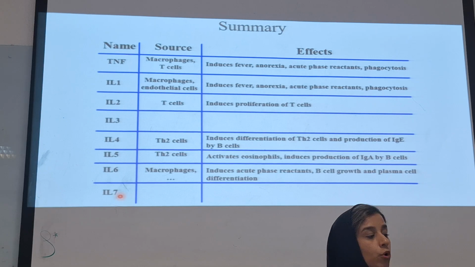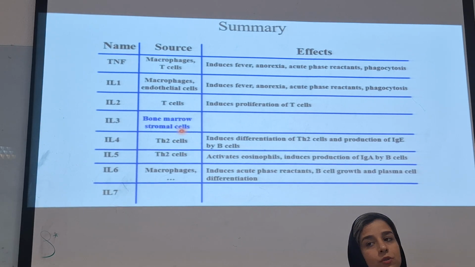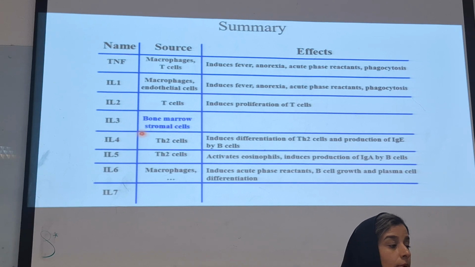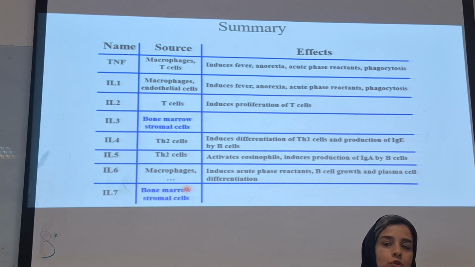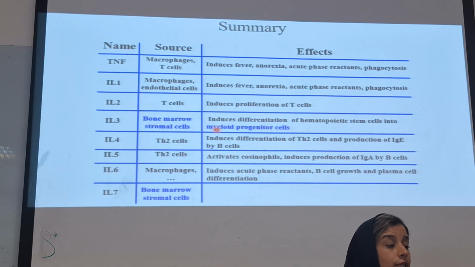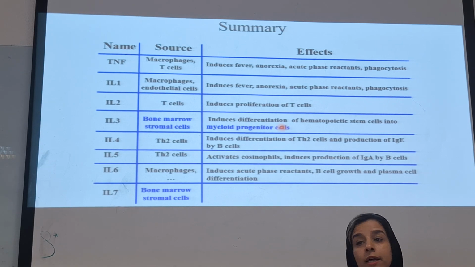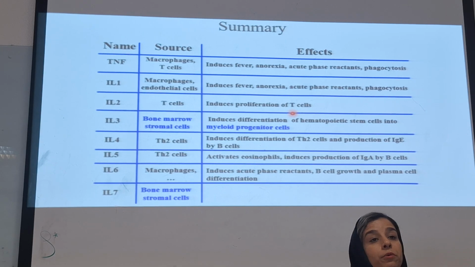For example, interleukin 3 is produced in the bone marrow by some stromal cells, and interleukin 7 is also produced by stromal cells in the bone marrow, but interleukin 3 is very important for differentiation of hematopoietic stem cells in the bone marrow to myeloid progenitors.